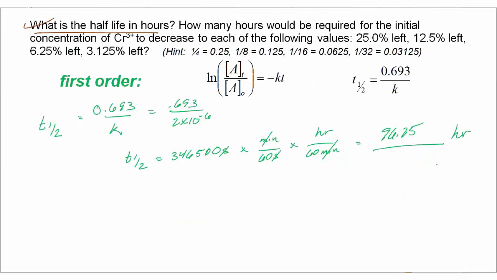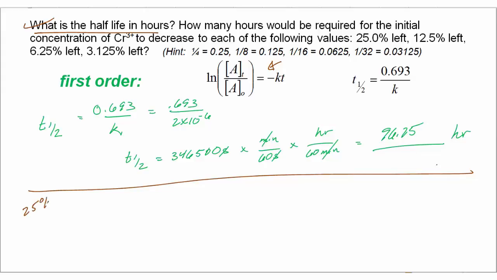Now, how many hours would be required for the initial concentration to decrease to each of the following values? Okay, and there's a hint here. We could use this expression to find the answer, but I think it's easier if you use the definition of a half-life. So, 25% left. How long?